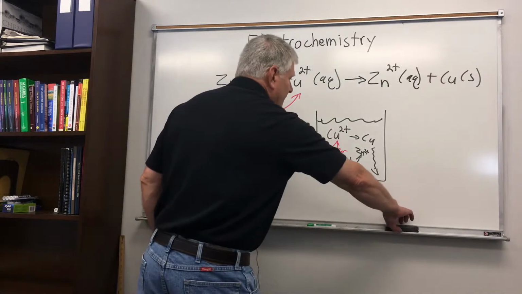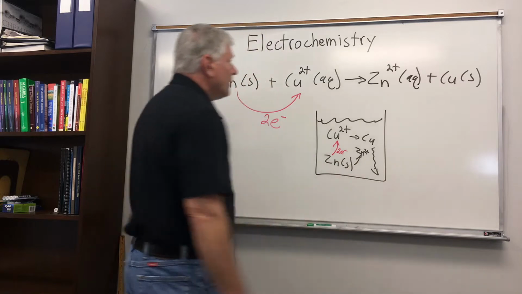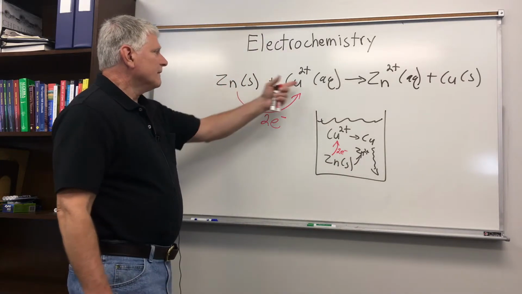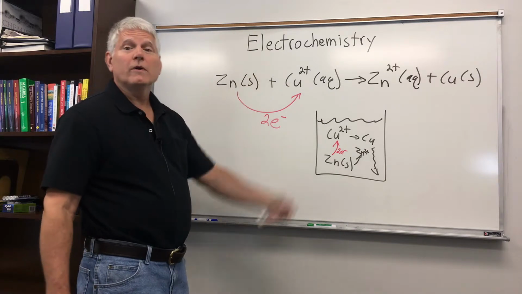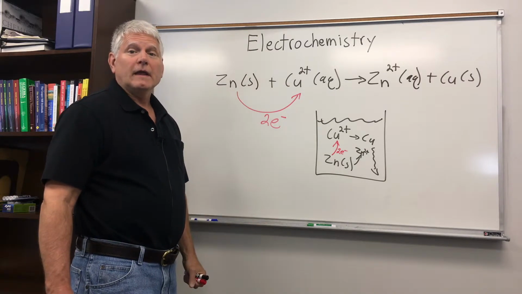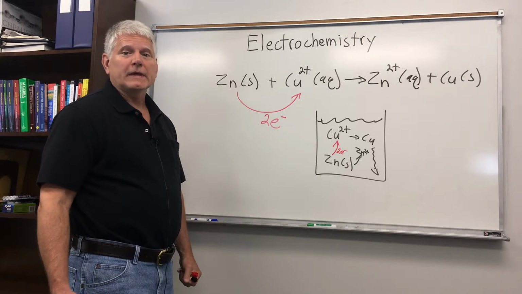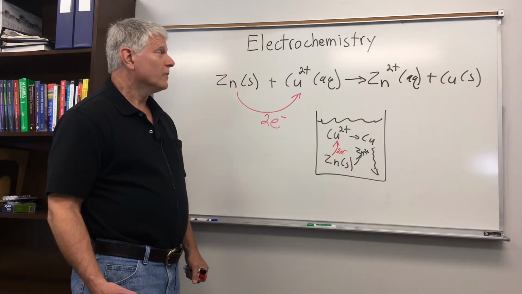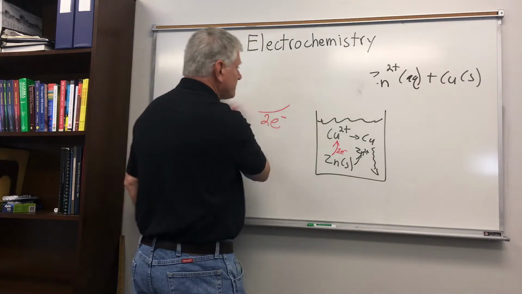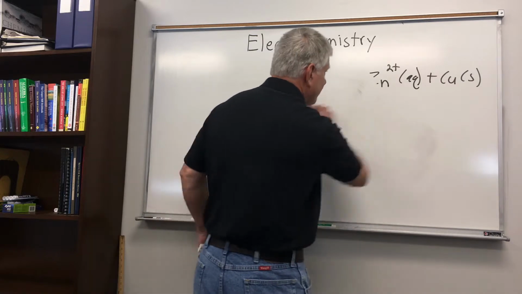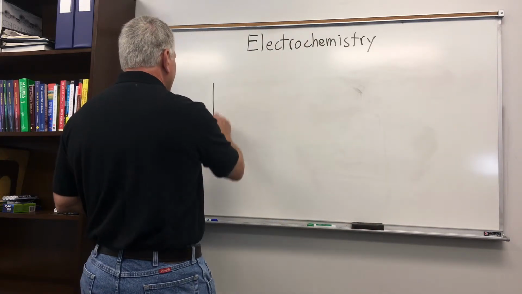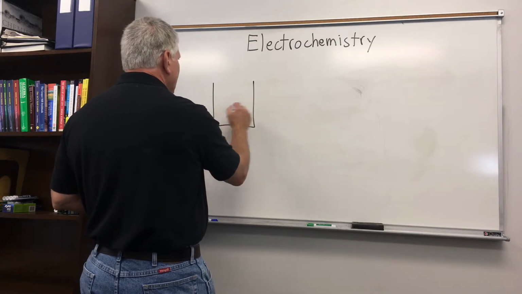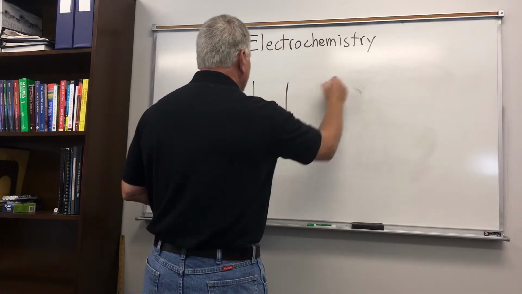So, in order to do that, we would need to separate the zinc and the copper and require the electrons to go through a wire. And while it's going through this wire, we can get it to power something that's useful to us. So we could break up this reaction, and we could have 2 beakers now.